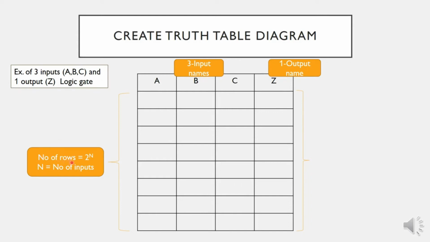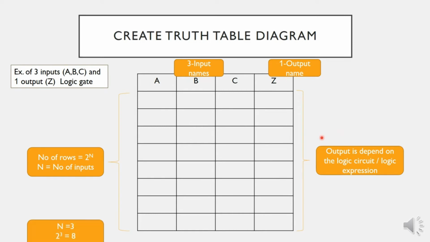The number of input combinations, or the number of rows, is 2 to the power of n, where n is the number of inputs. In this example, we have 3 inputs, so the combinations will be 2 to the power of 3, which gives 8 combinations. The output will depend on our logic circuit or logic expression.